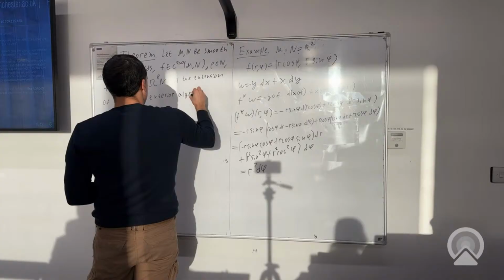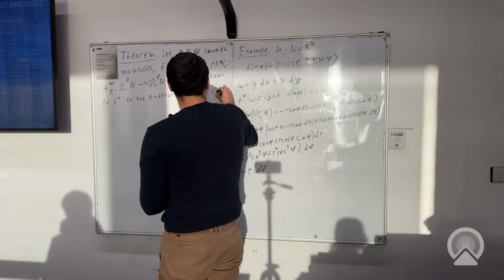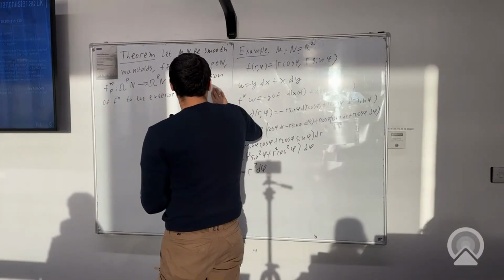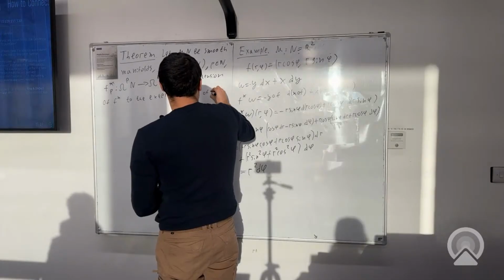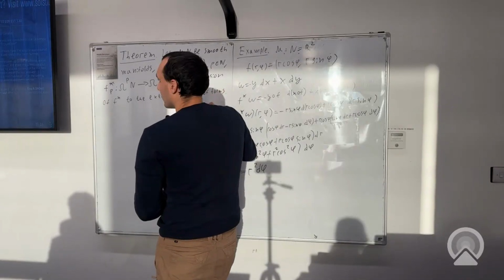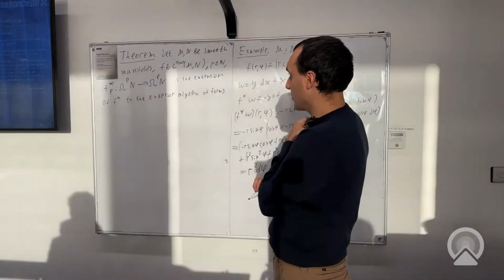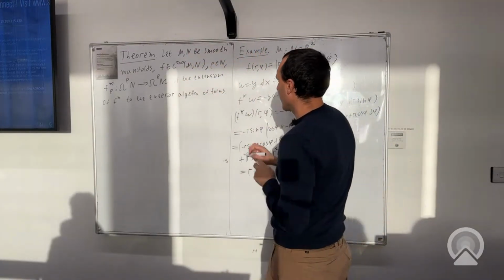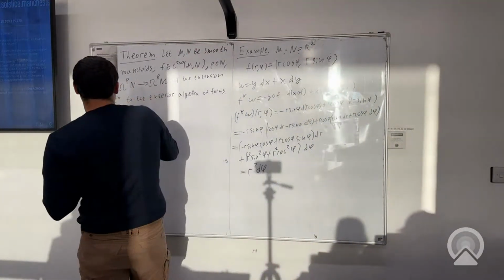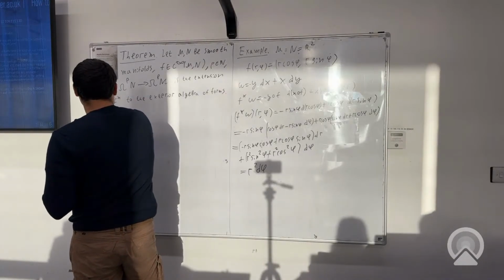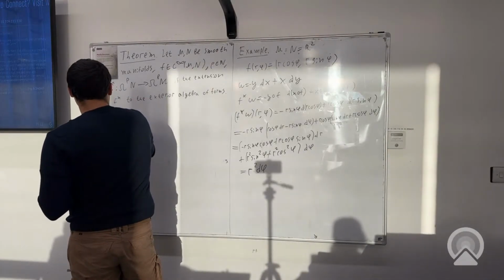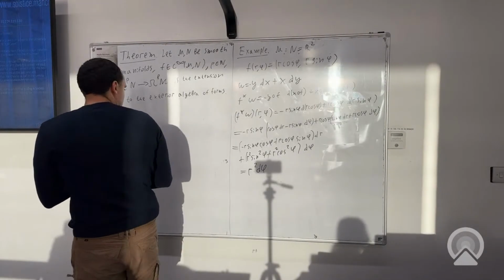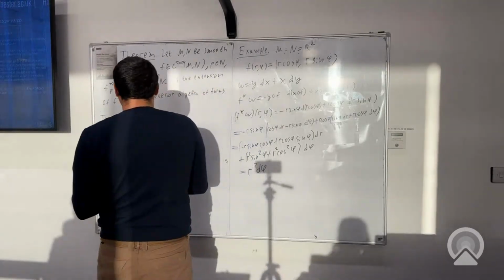Of omega 1, of exterior algebra forms, let's say. Then we have the following commutative diagram.